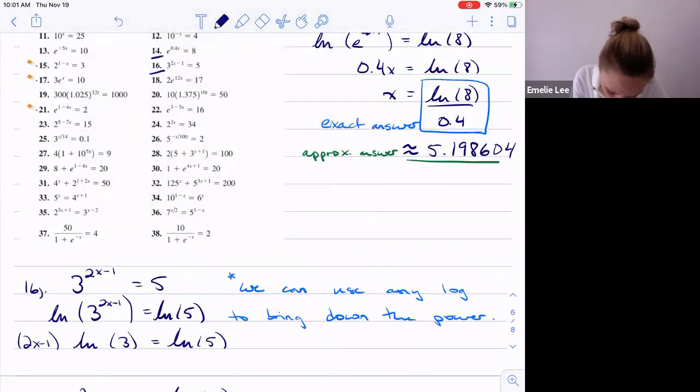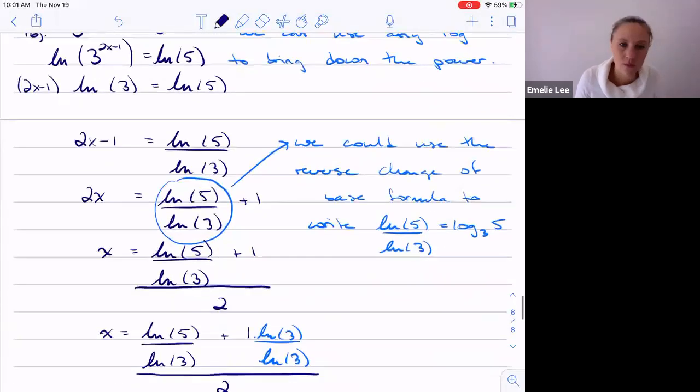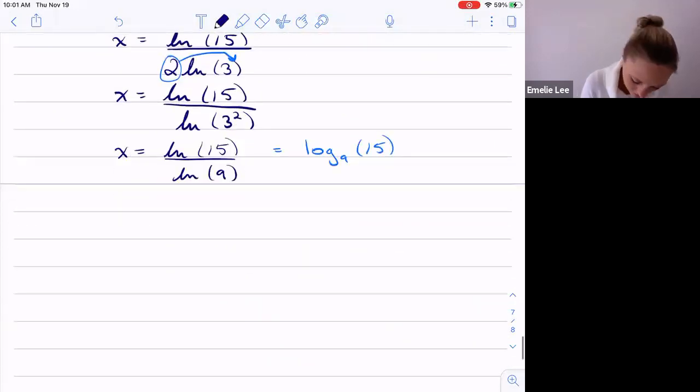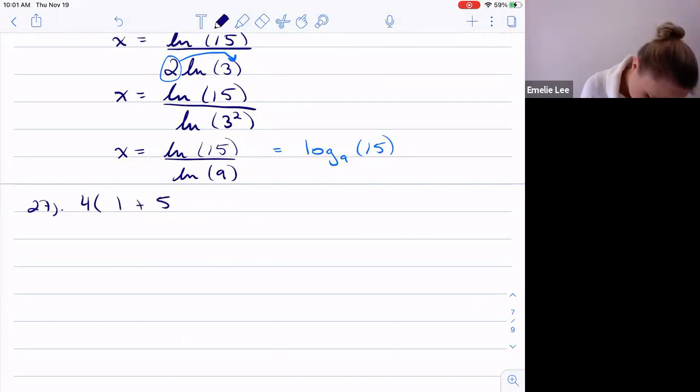Let's do 27. So we have 4 times 1 plus 10 to the power of 5x equals 9.